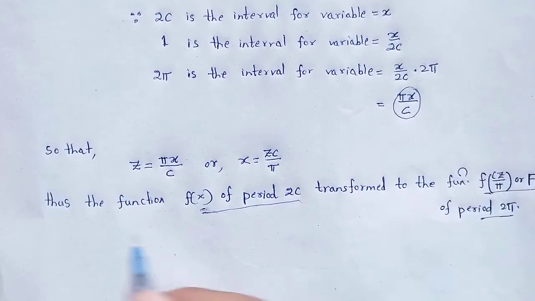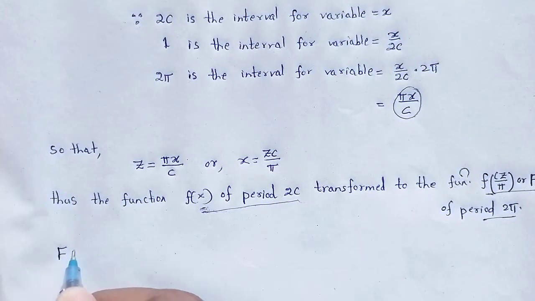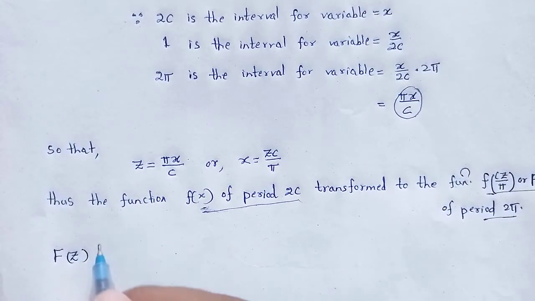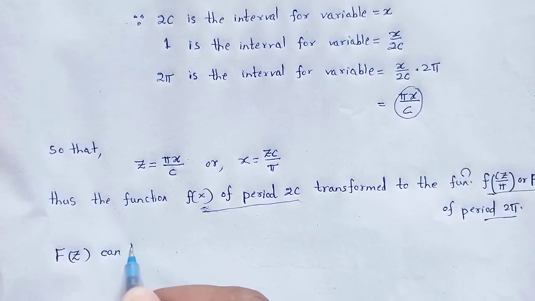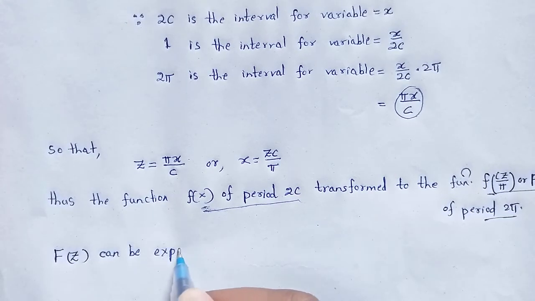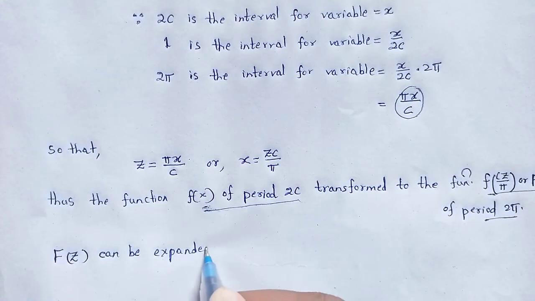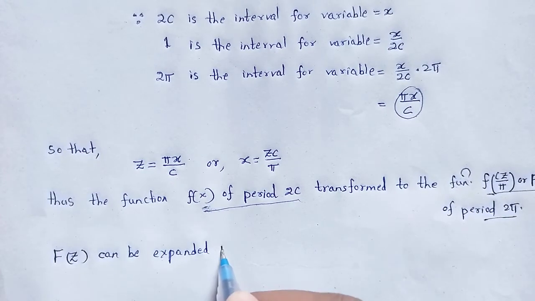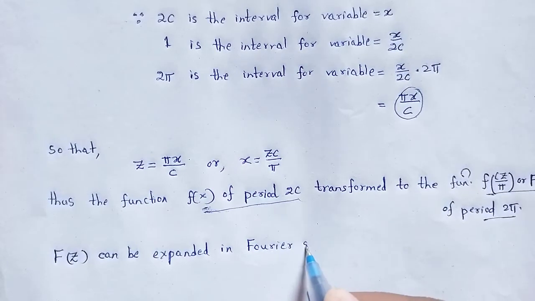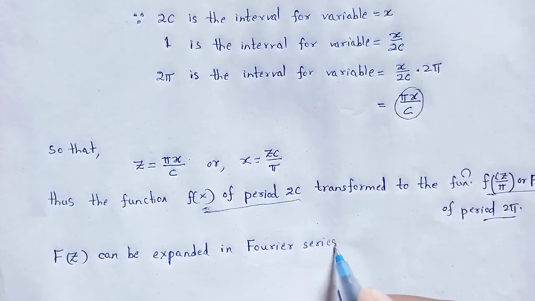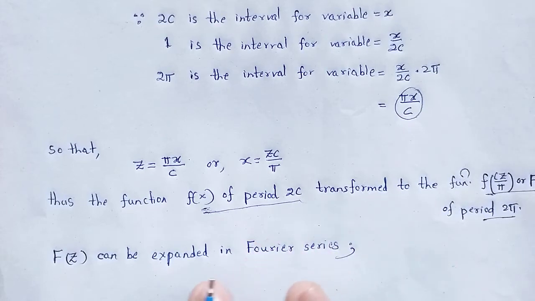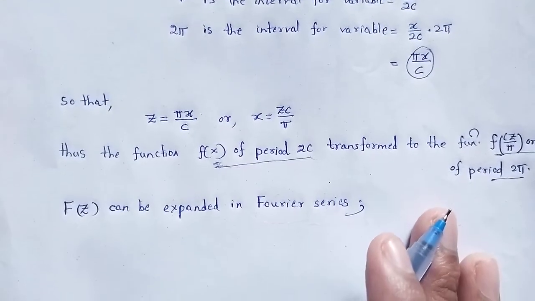Now that function F of z can be expanded in Fourier series. How do we expand that function?